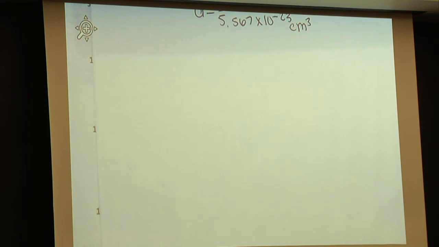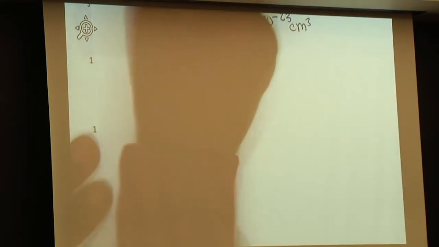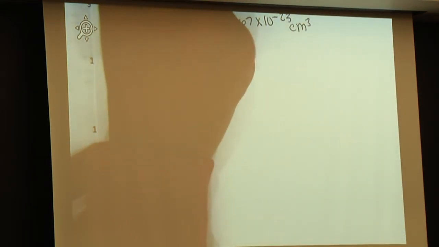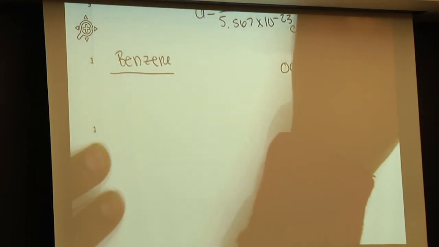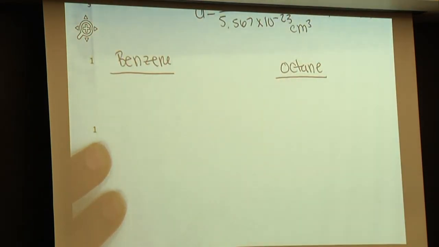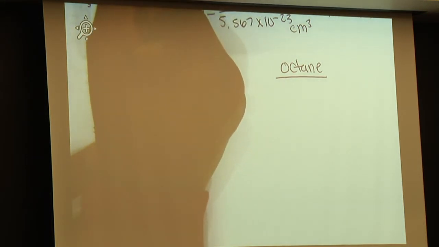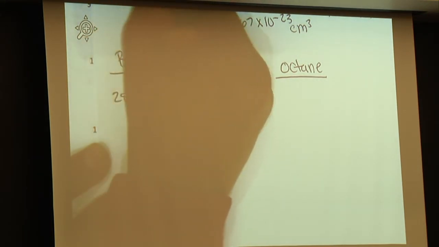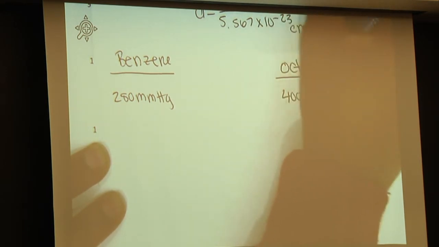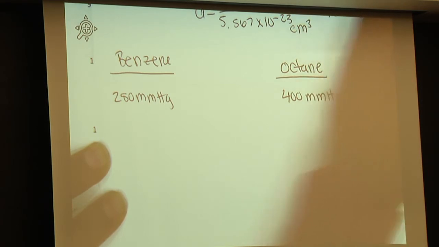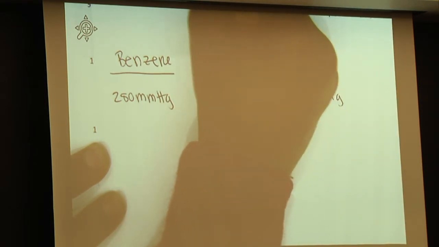So for this question, we have benzene and octane. Benzene had 280 millimeters mercury, and octane had 400. And they said it was a 1 to 2 mole ratio.